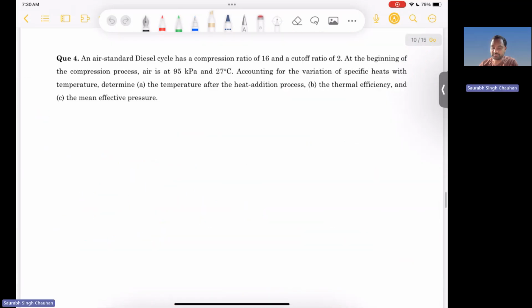Question number 4. It is saying that an air standard diesel cycle has compression ratio of 16 and cutoff ratio of 2.